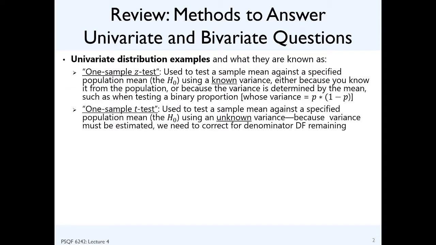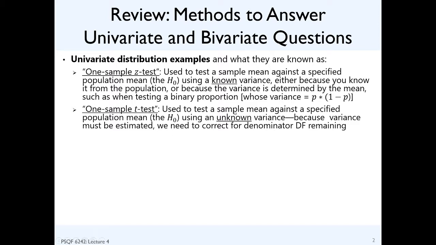We did this last time, but it won't hurt to review again. So, review the univariate and bivariate stuff we've learned so far. Examples of testing hypotheses about univariate distributions, such as the means. A one sample z-test is when you're testing some kind of mean where the variance is known. That's what happens in a proportion test.